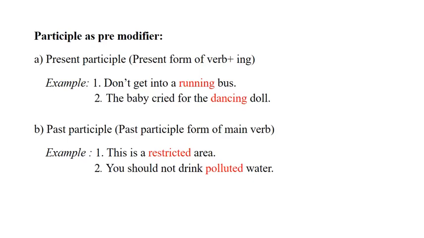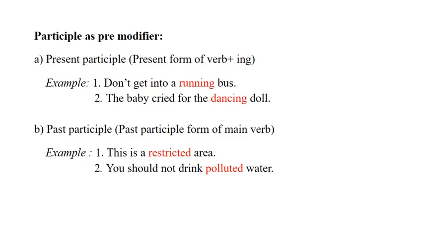Here I have also two examples for you. Number one, this is a restricted area. Number two, you should not drink polluted water. In the first sentence, the word restricted tells us about the kind of area, and in the second sentence, the word polluted tells us what kind of water you should not drink.